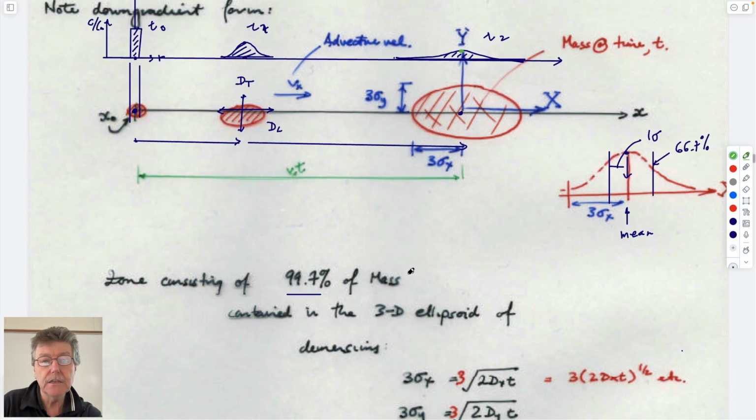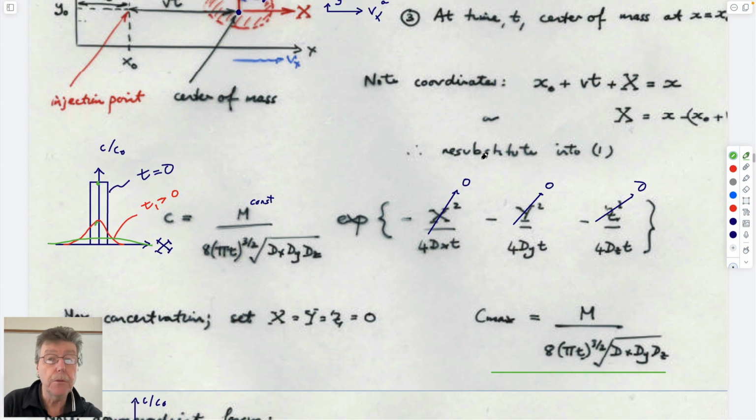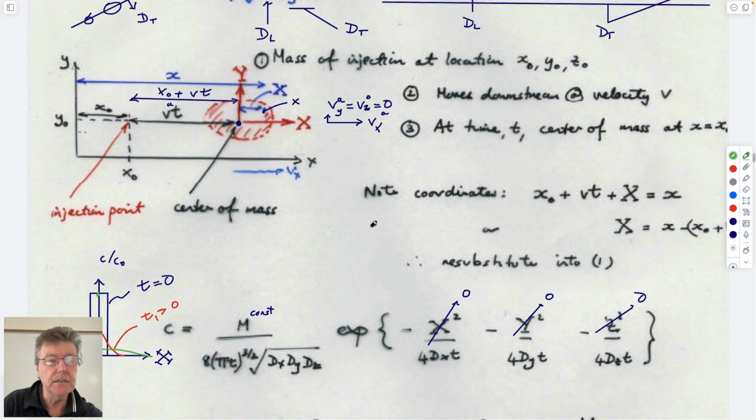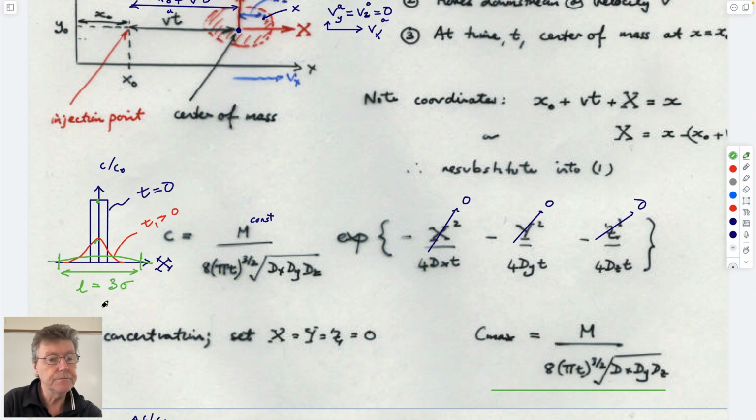And so the utility of doing this, perhaps we don't care to calculate this complicated expression. It's more useful to us to understand what it means. But if we know always that at the limits of this length here will be equivalent to 3 sigma, 3 standard deviations on either side of the mean.